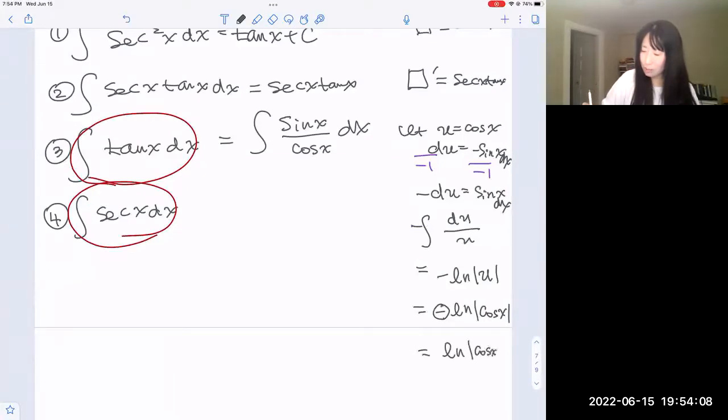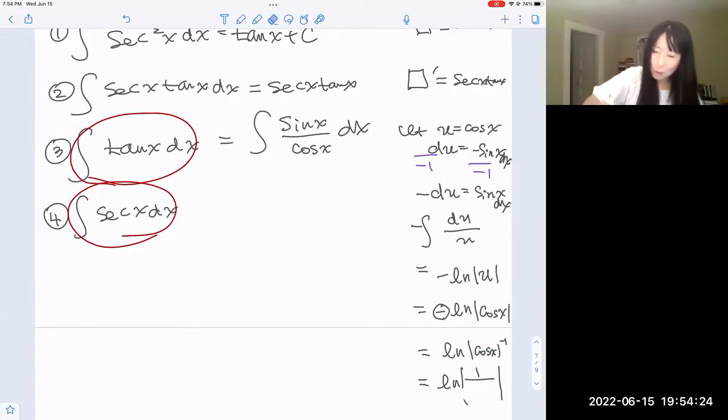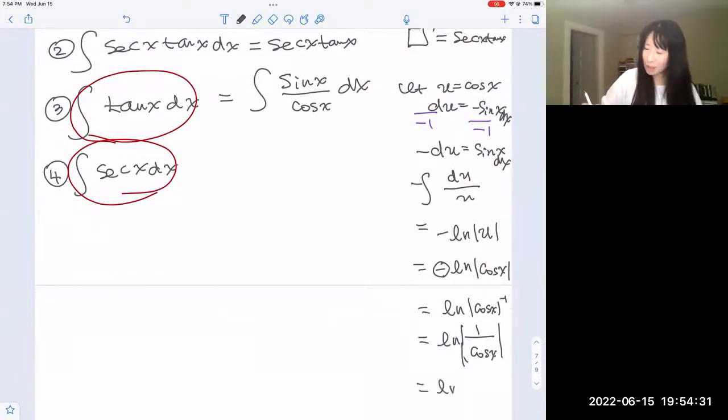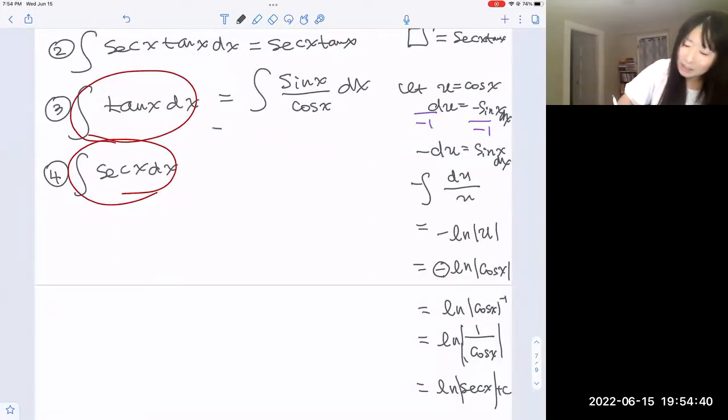Then we have a negative power, so we can set 1 over secant. 1 over cosine is ln secant, right? So this is ln absolute value of secant x.